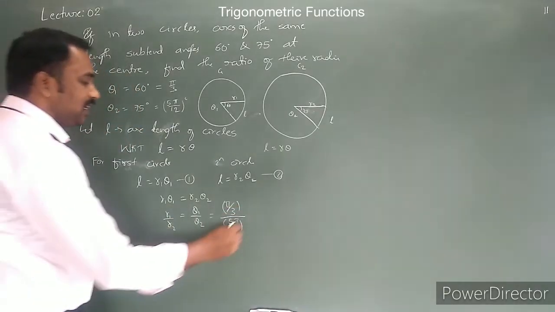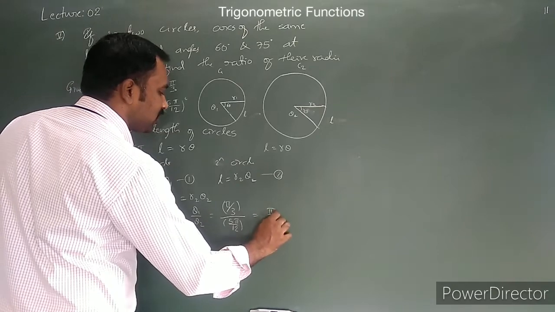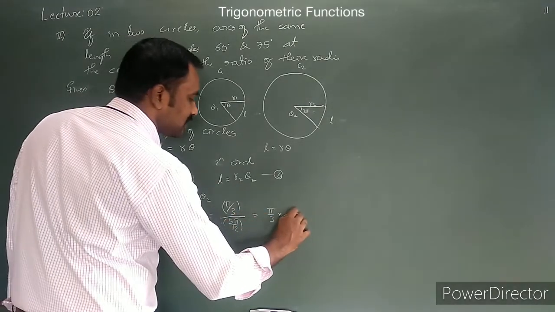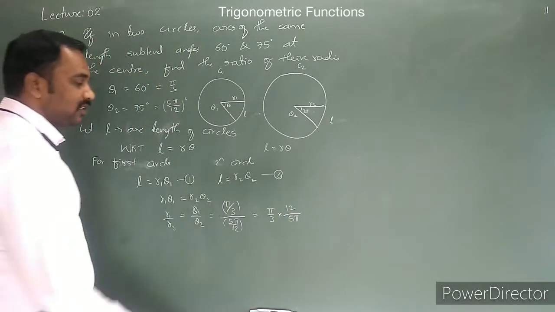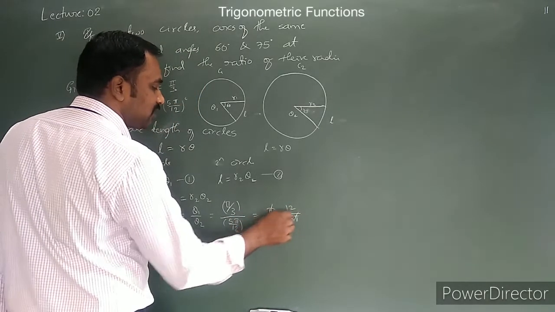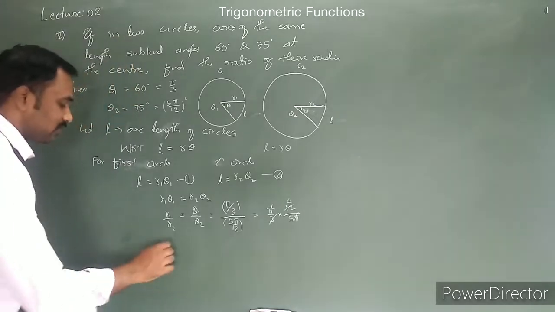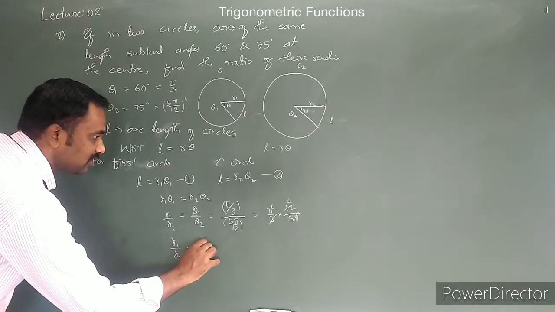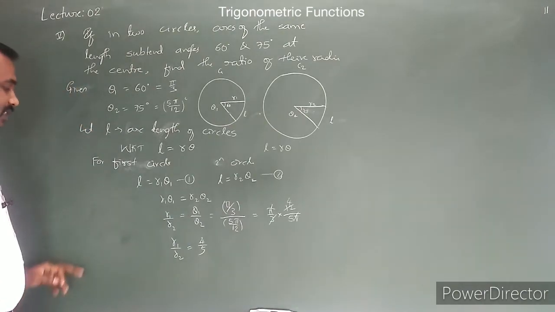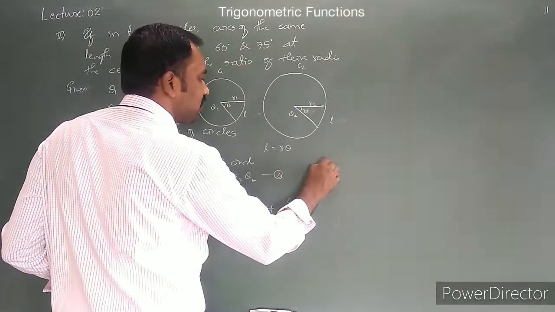Using the laws of indices, pi by 12 into 3 by pi. Here pi gets cancelled. 3 ones are 3, 3 fours are 12. So the left-hand side r1 by r2 is equal to how much? 4 divided by 5.